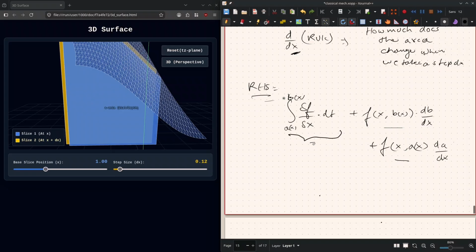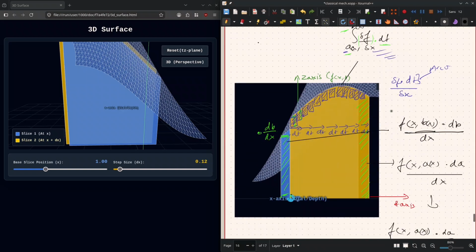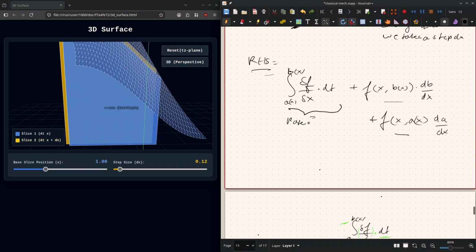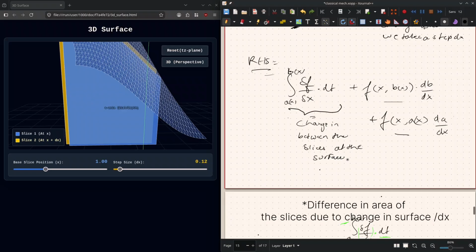And these give us the rate of change, or rather change in area at the surface, or change in area between these slices at the surface per dx.